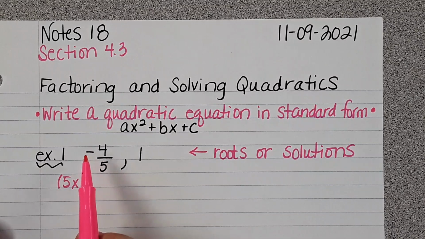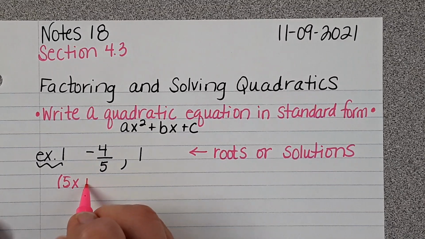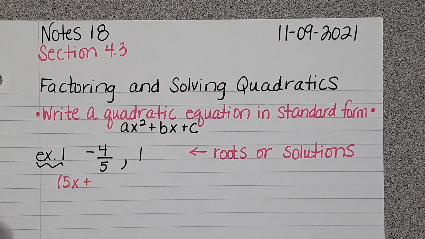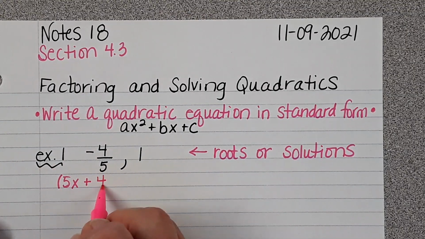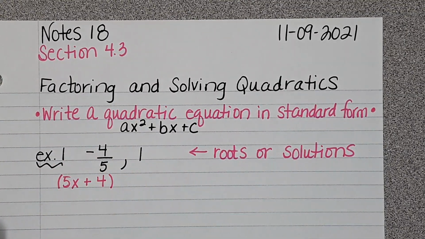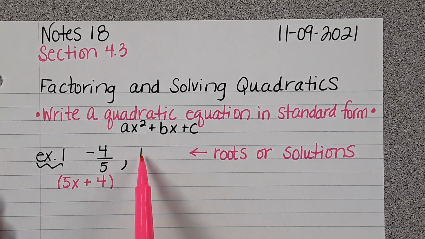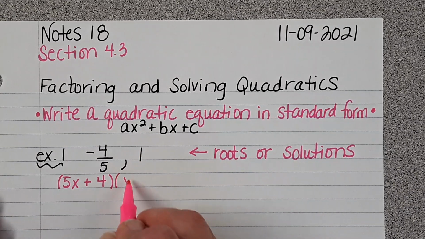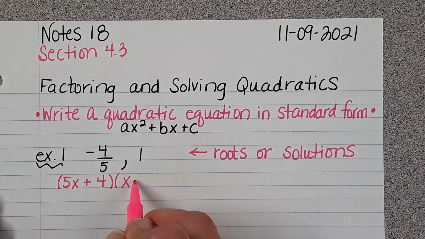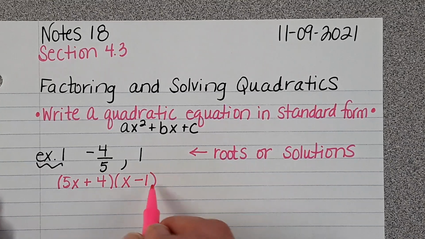It's if your answer is a negative, that means your problem started out as a positive, and then your numerator is the number that's being added or subtracted. Then this one right here, it ended up being positive, so that means my initial problem was a subtraction problem.